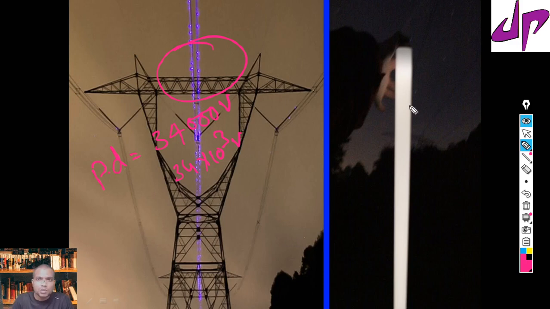That's the reason this tube light, even though it is not connected to wires, starts to glow. And the same thing happens if you apply more voltage between the two capacitor plates.